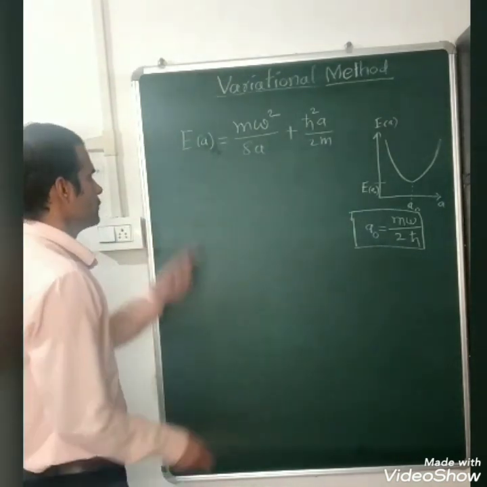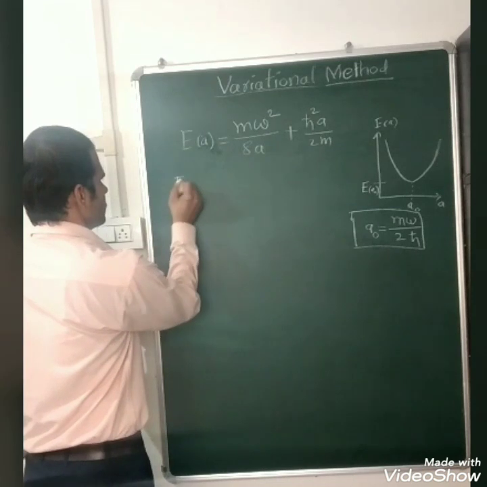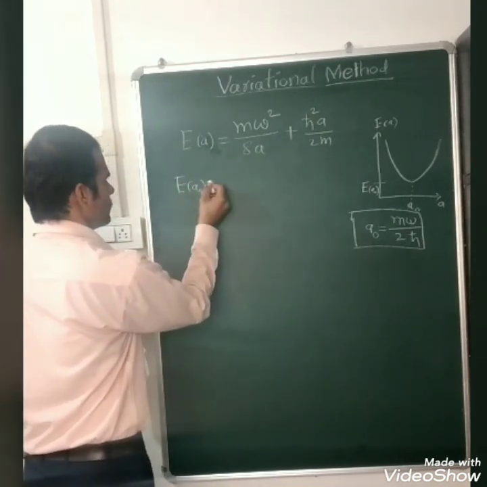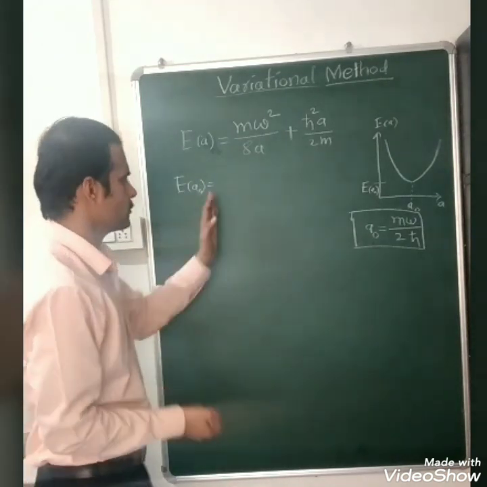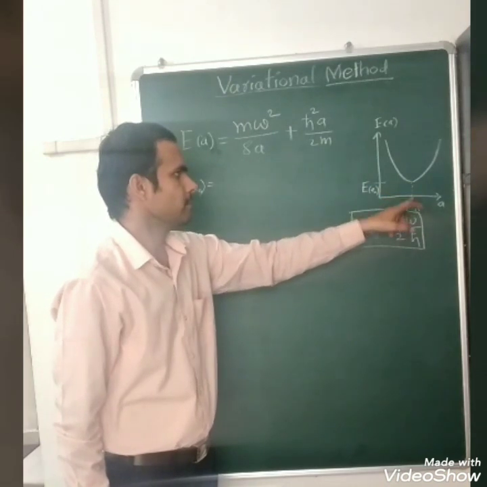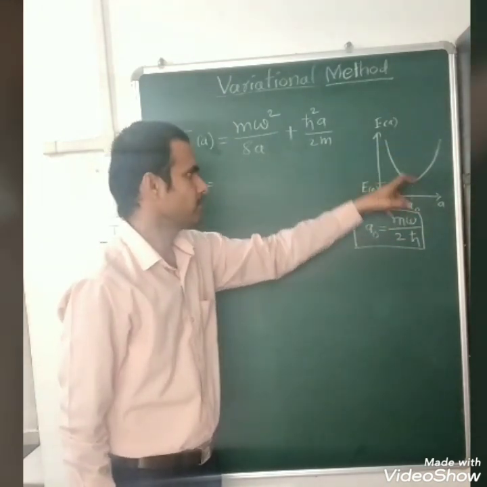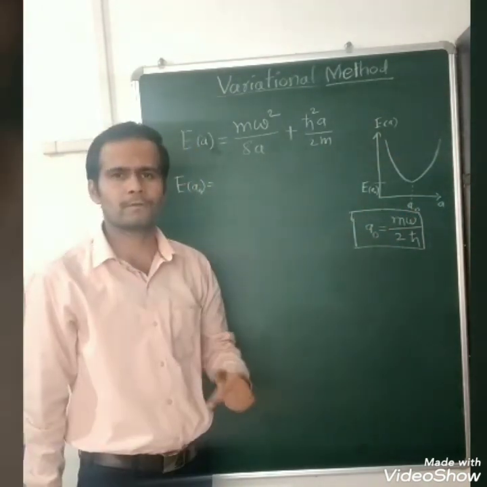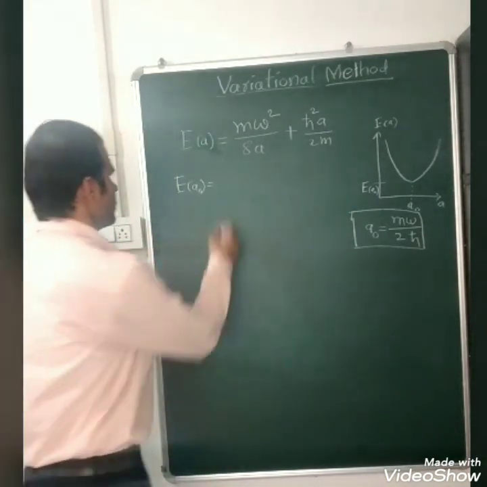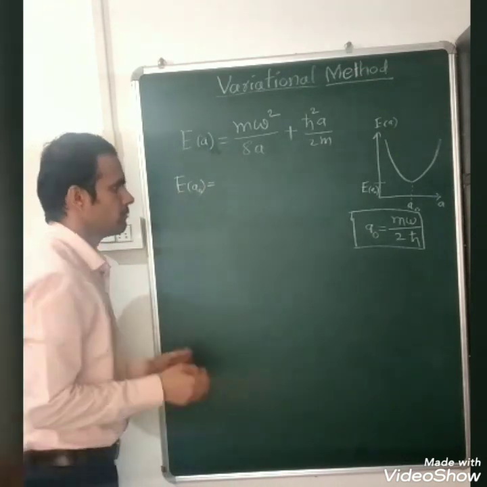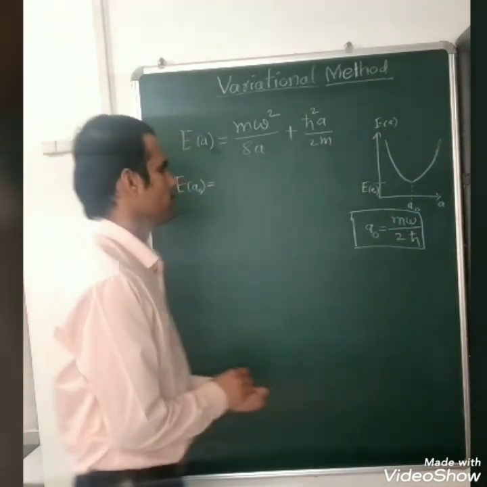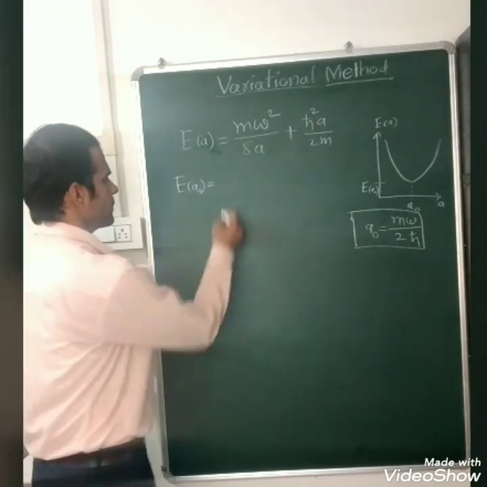When we substitute A0, we get E(A0), the minimum energy in case of the ground state of the harmonic oscillator. So let me see what the minimum energy is.